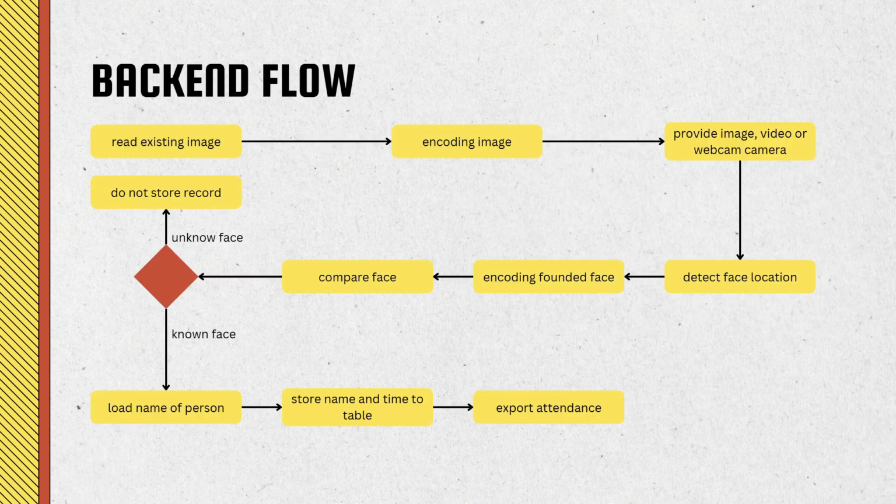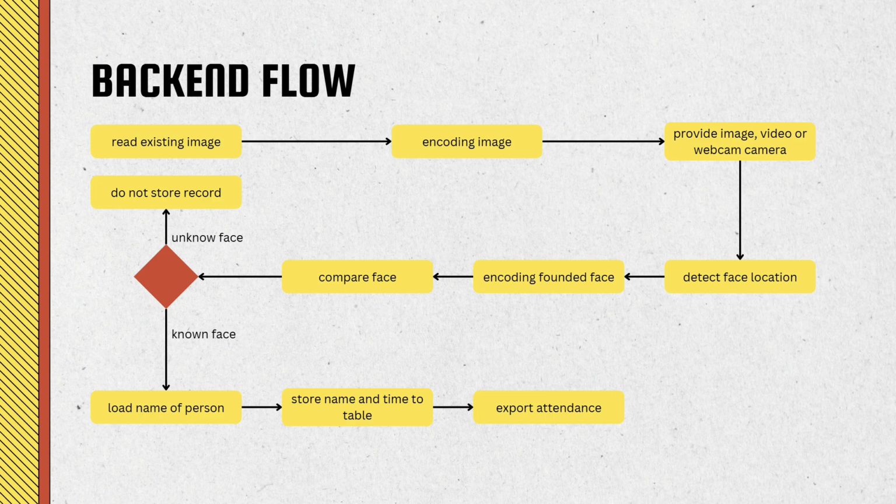So the next slide is about the backend. This slide represents the flow of our backend. First, we read the existing images of our classmates, and then we use a Python library called face recognition to encode those images.